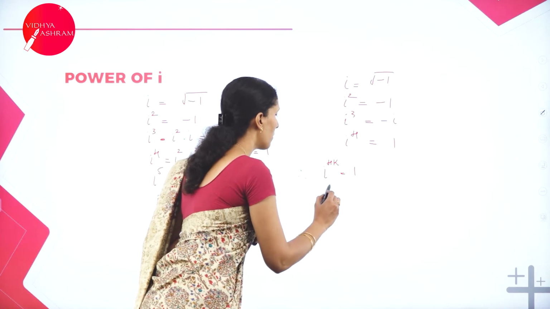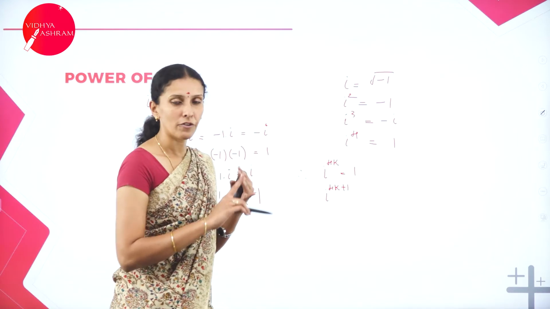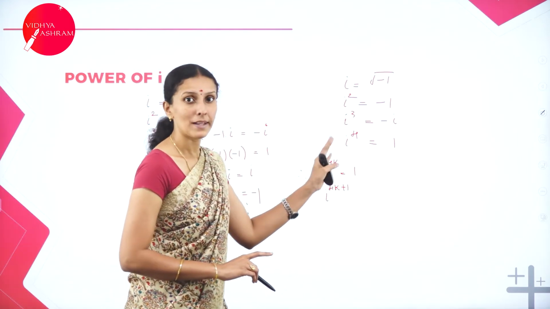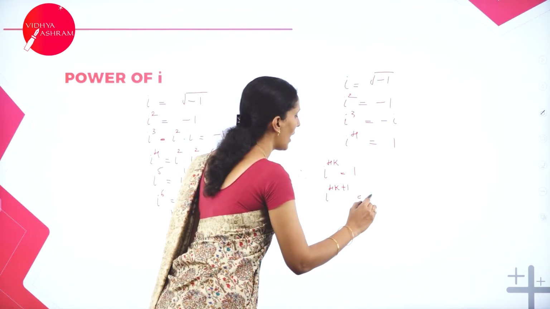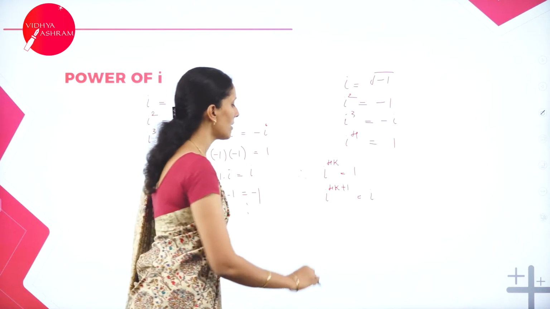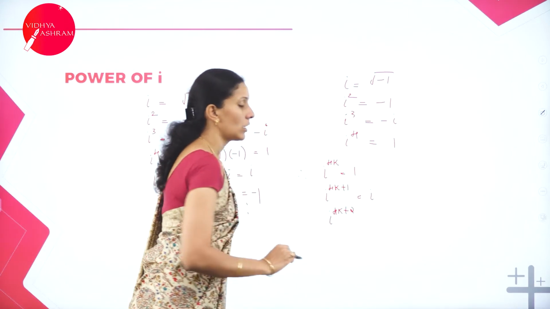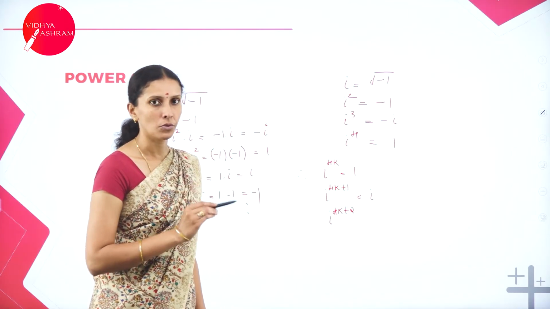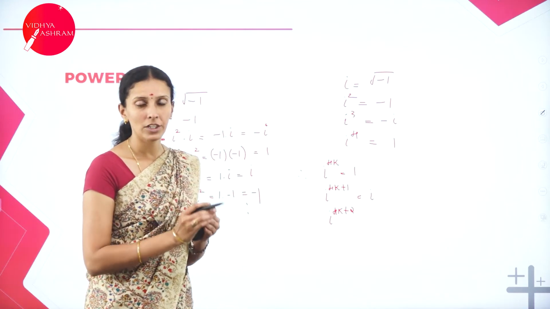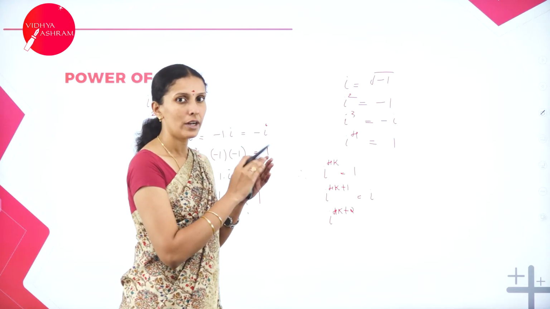Next, for multiples of 4 with 1 extra, for example 5, 9, like that, if it is in the form of 4k plus 1, the value is equal to i. Next, suppose it is i power 4k plus 2, that is 4 plus 2, 8 plus 2, 12 plus 2, for example 14 or 18, which is 16 plus 2. 16 is a multiple of 4 and 2 is extra.